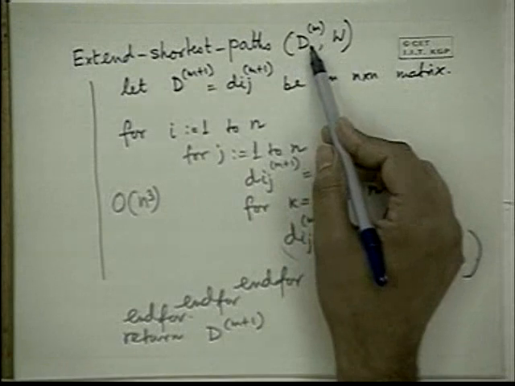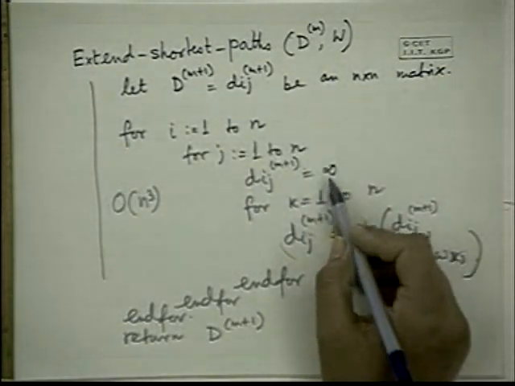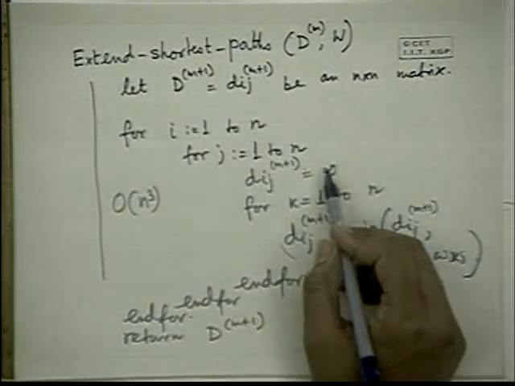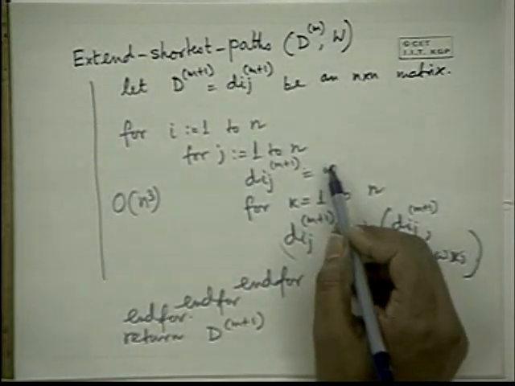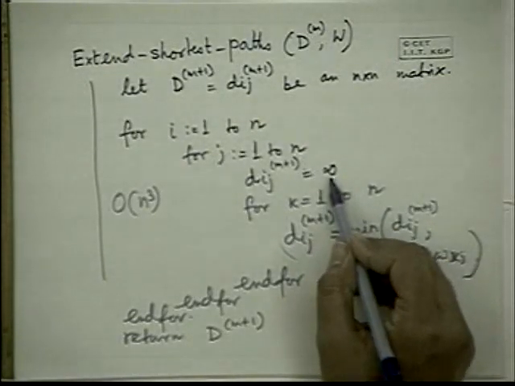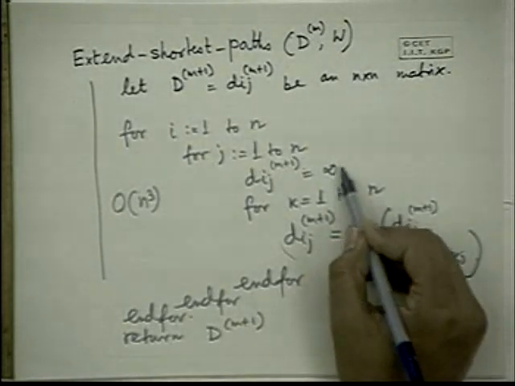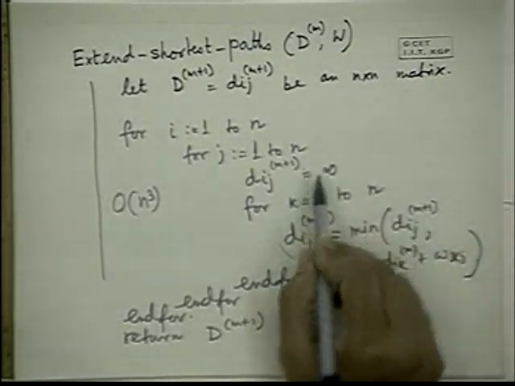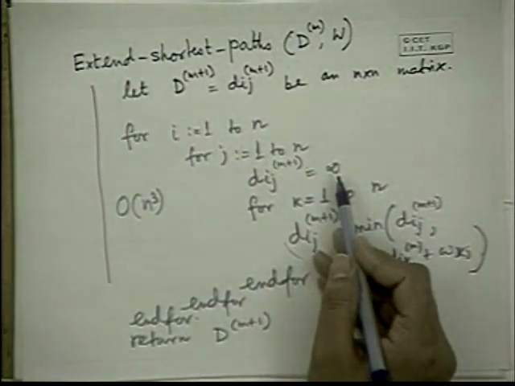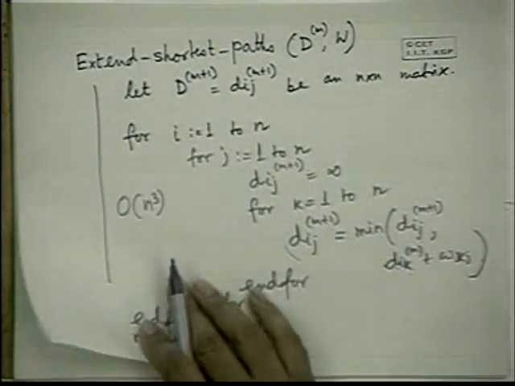Yes, we could have done that also. If I initialize Dij m plus 1 equal to Dij m, that is also fine. Anyway, that will be encountered in the min, so what you are suggesting is also right. I could have also written Dij m, because Dij m plus 1 will go over that value anyway, but putting infinity is also alright, both are okay.